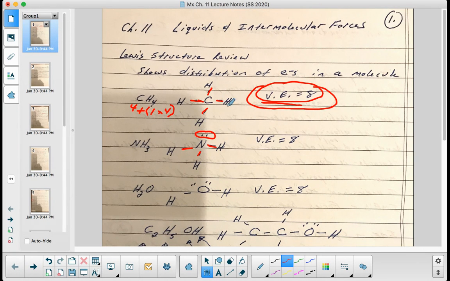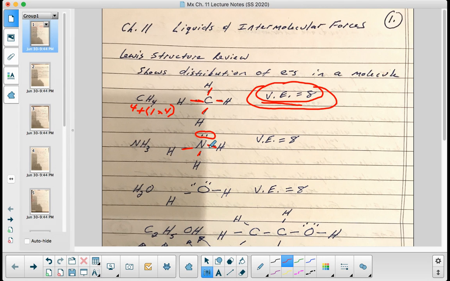What I see here is a very symmetrical molecule, right? The symmetry of the molecule tells me something about the force that would exist between two of these molecules. If I look at a Lewis structure for a different type of molecule, ammonia, I do the same thing. I count my valence electrons and end up with a total of 8.